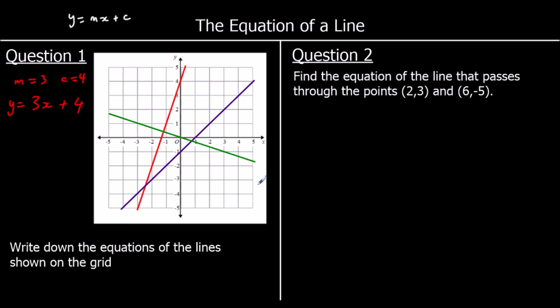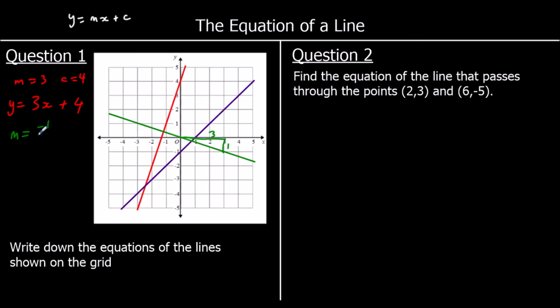For the green line, for every one it goes across, how much does it go up or down? So we can see that it goes across 3 and down 1. If we do the change in the y, which has gone down 1, divided by the change in the x, which is 3, we can get the gradient.